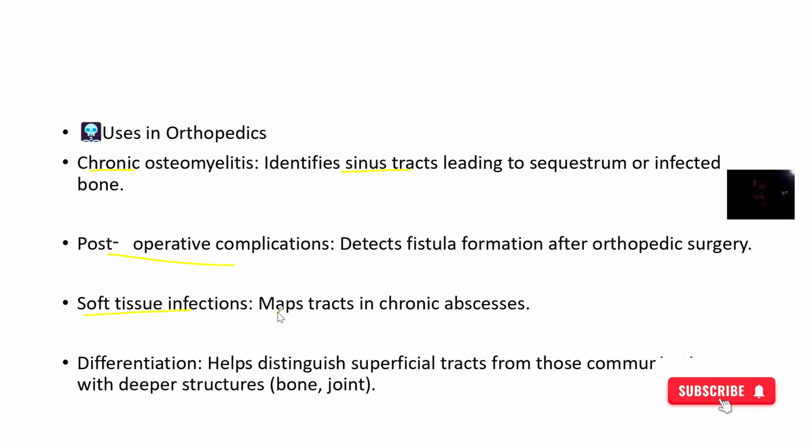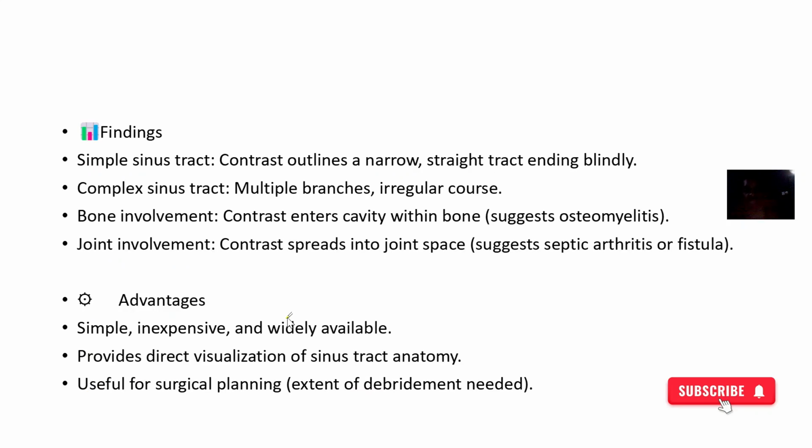It can also be used to diagnose soft tissue infections, and to know the source of disease conditions. You can have a simple sinus tract, a complex sinus tract, bone involvement, or joint involvement.